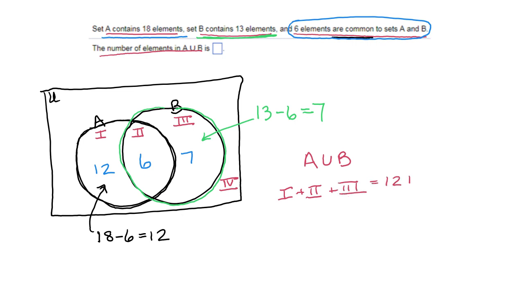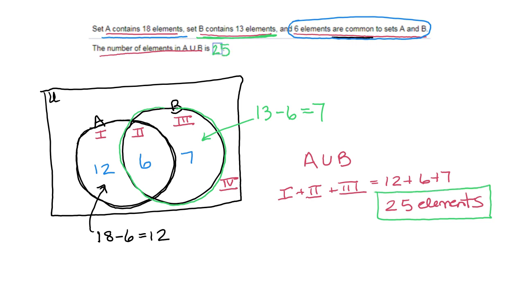So that will give you 12 plus 6 plus 7, or a total of 25 elements. So this would be your final answer, 25. So once again, we used a Venn diagram to create the regions so that we can complete each region and add it together.